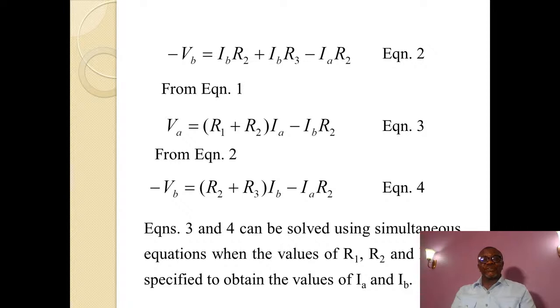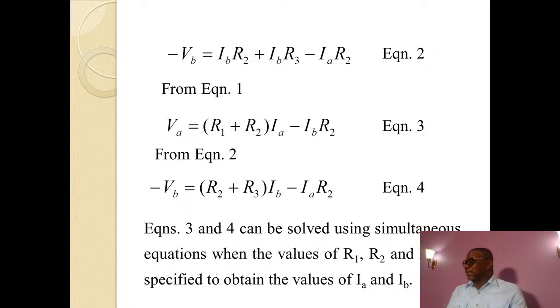I want you to convince yourself that in equation 2, if you bring out IB, it becomes IB into R2 plus R3, and of course, minus IA R2. So equations 3 and 4 can be solved using simultaneous equations when the values of R1, R2, and R3 are specified.